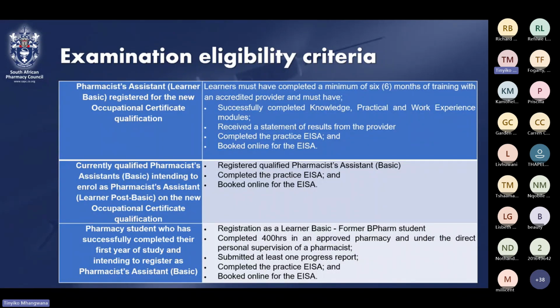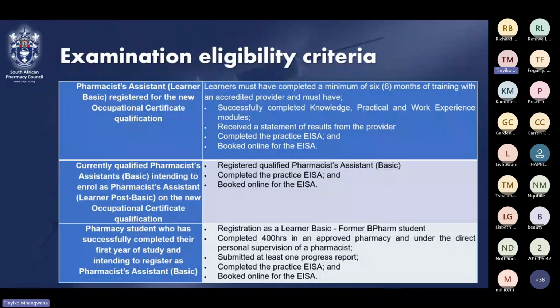So wherever they are studying, the course should take a minimum of 6 months. They should be able to successfully complete the knowledge module, practical and work experience modules. Those are the 3 modules that they have to successfully complete.